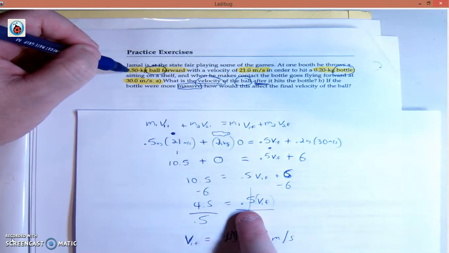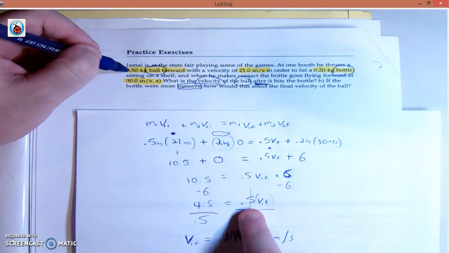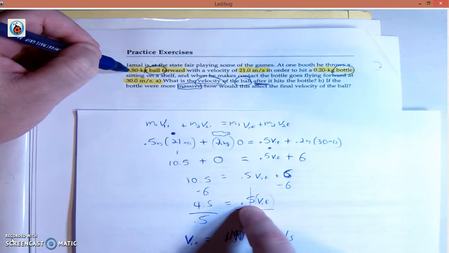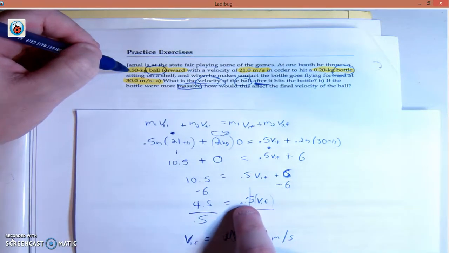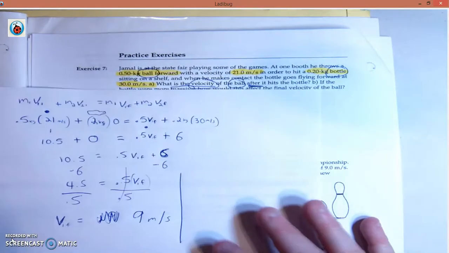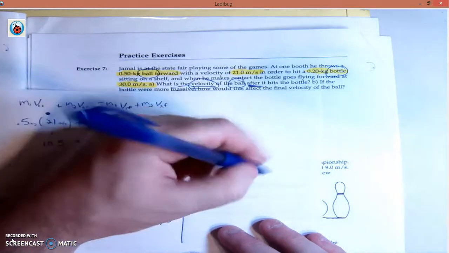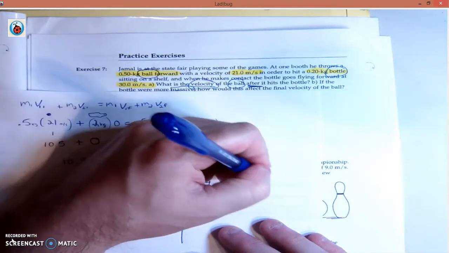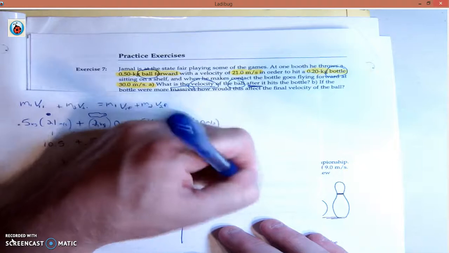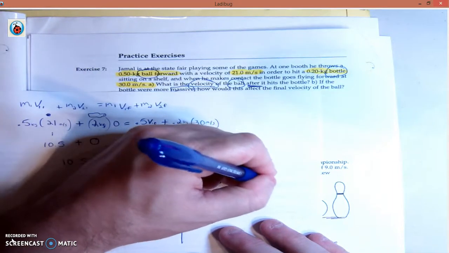If the ball were more massive, let's say the ball was 2 kilograms instead of 0.5. So then, I'm going to put it on the side because this is like a parallel dimension, right? Then we were at 4.5 equals 2 kilograms times the final velocity of object 1.